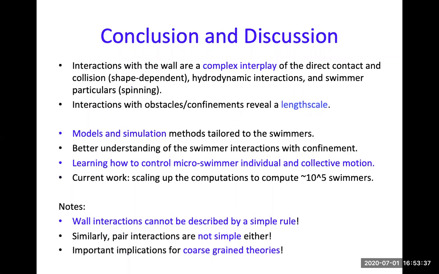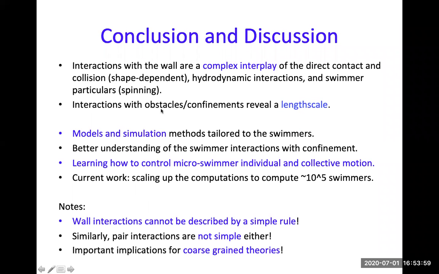So what I want you to remember from this talk is that the interactions with the wall are a complex interplay of the direct contact, which depends on collisions, which depend on the shape of the swimmers. You have hydrodynamic interactions, and then you have to take into account swimmer particulars, for example, spinning of the head and flagella or spinning of the whole swimmer.